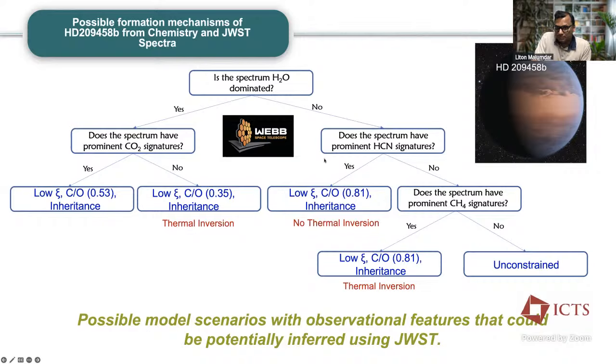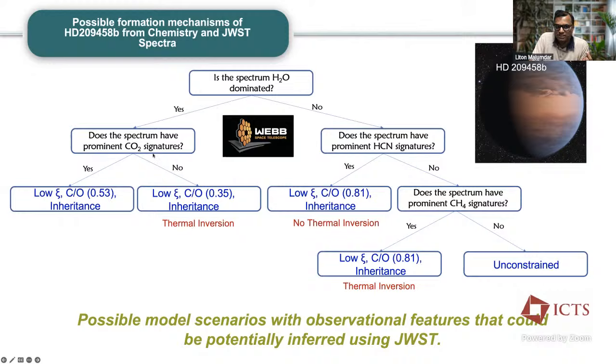So one such example, but this is of course by considering the simplest assumption, which is basically typically your planet has... this will work only in the core accretion scenario. Okay, so just think about, if you have a hot Jupiter, if you ask the question, if your spectrum is dominated by water, if it is yes, does the water have CO2 signatures?